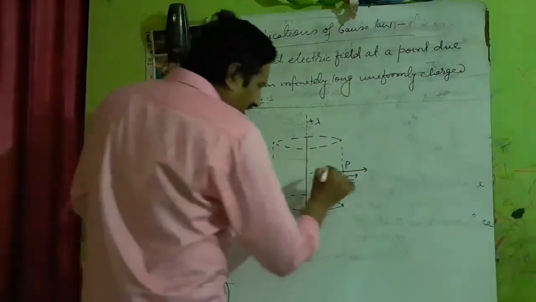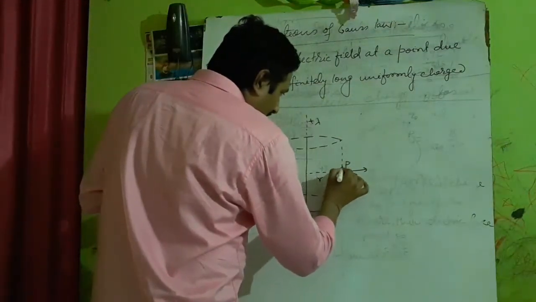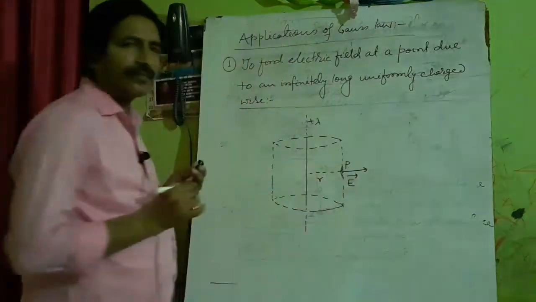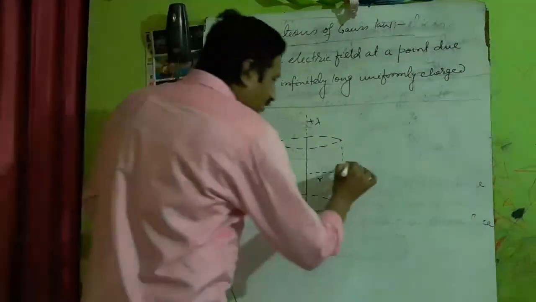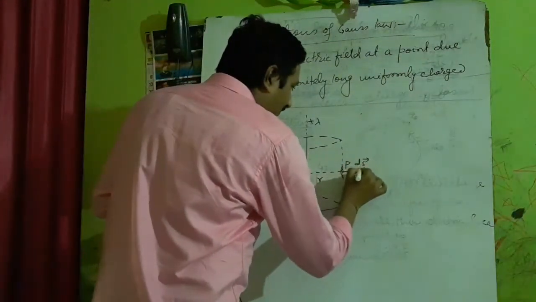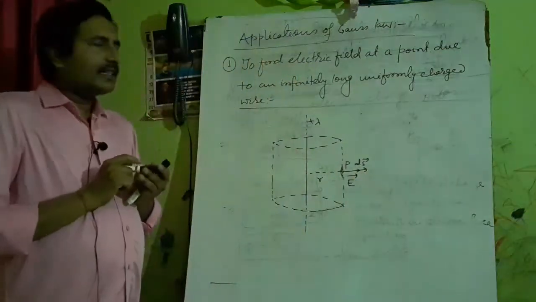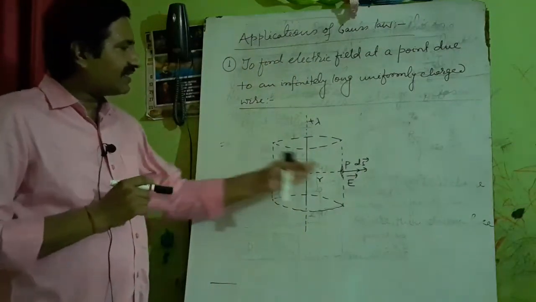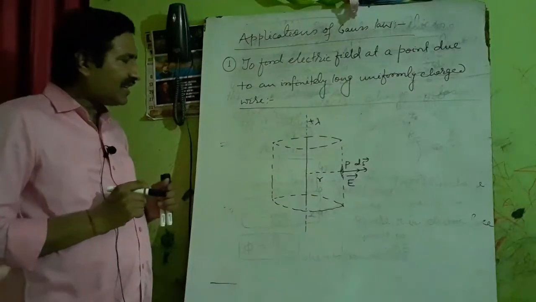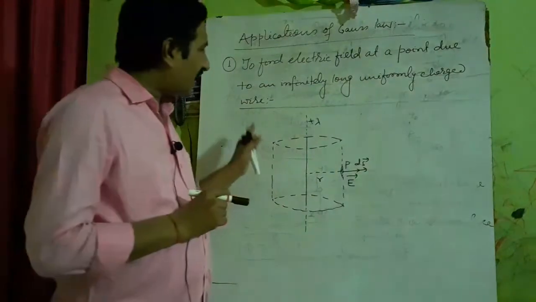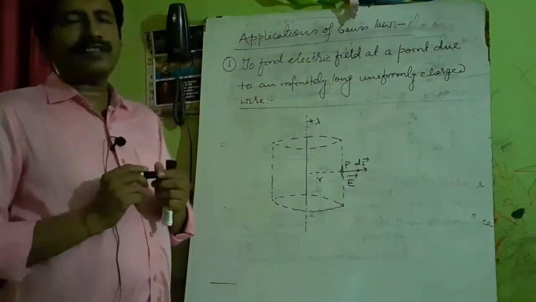Now let us take a small area element here whose value is ds. Now we will find the electric field intensity E. So at first we find the electric flux associated with this Gaussian surface.